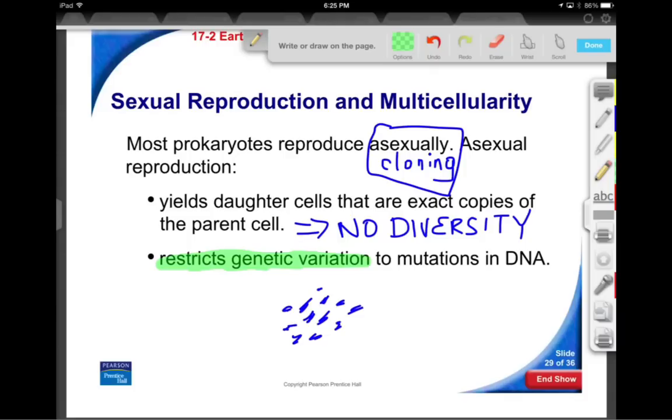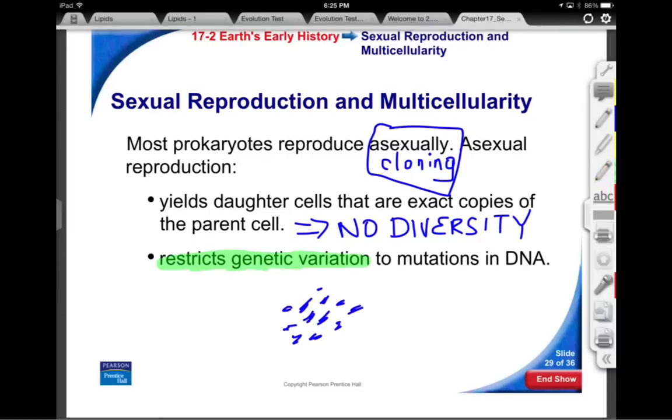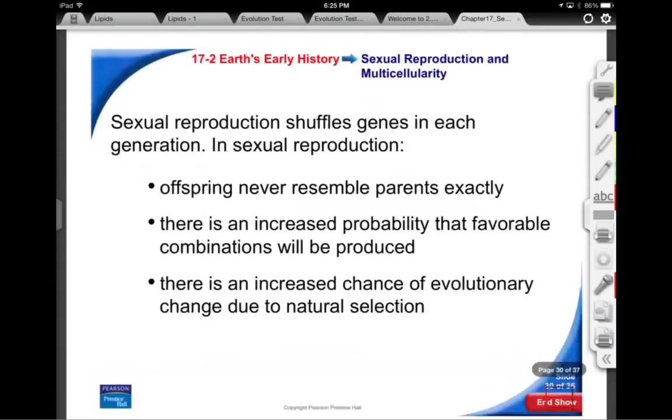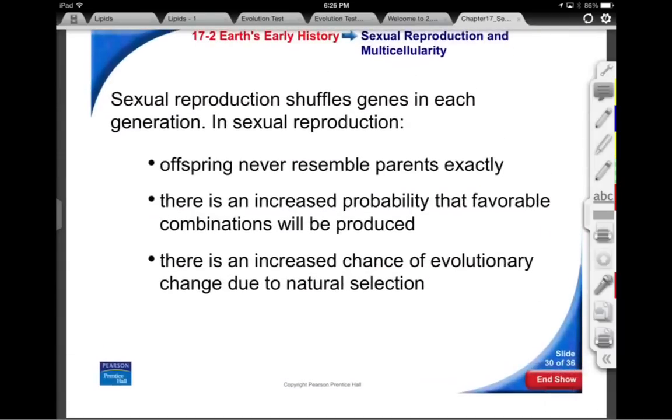So, when is it that sexual reproduction happens? Now, this is going to seem a little strange. It's a little hard to figure it out. Sexual reproduction is when you shuffle the deck of genetic cards. So think of your DNA, your chromosomes as being cards in a deck. If you don't have sexual reproduction, the offspring themselves will just look exactly like the parents.